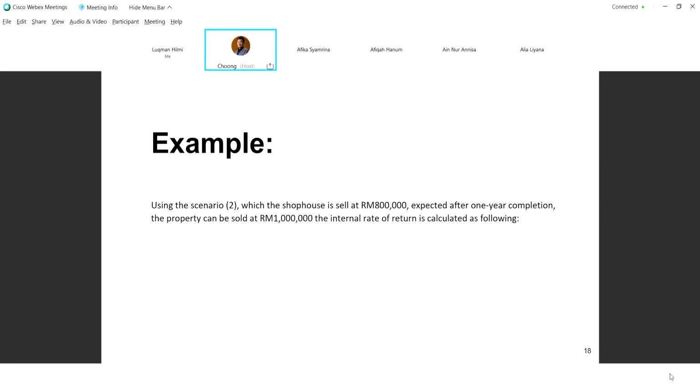So selain cari NPV, kebanyakan masa kita nak buat feasibility study, kita perlu cari rate of return juga. Ada kebanyakan masa kita perlu cari rate of return, ROR, rate of return. So in this case, kita perlu cari, just to show it to you, kita guna senario kedua.